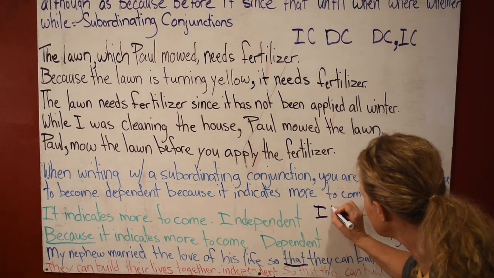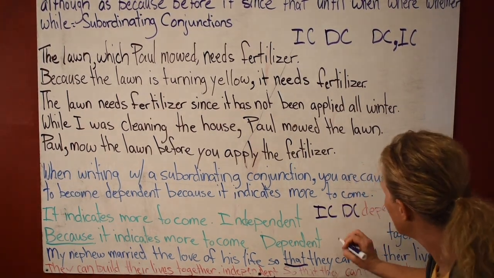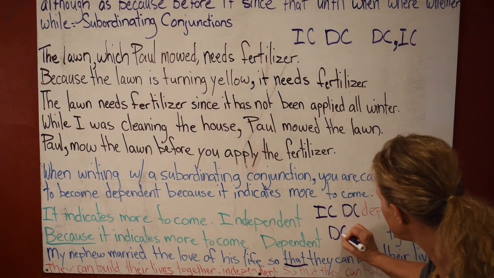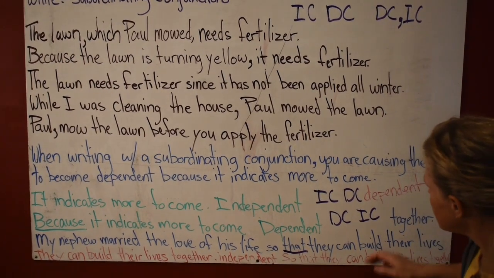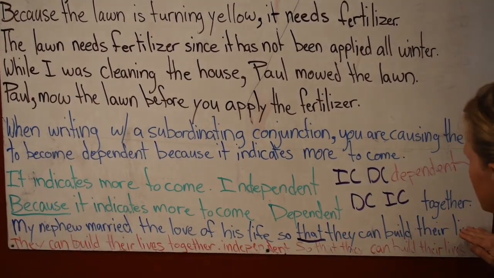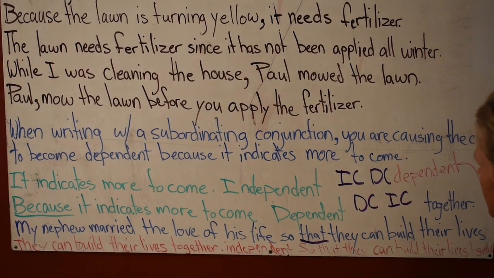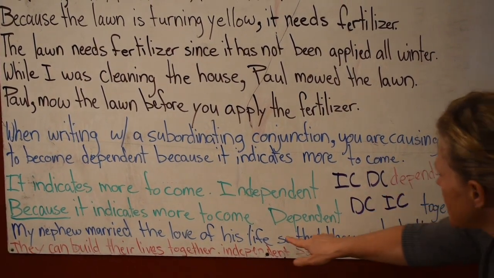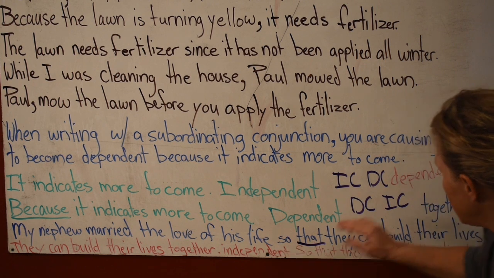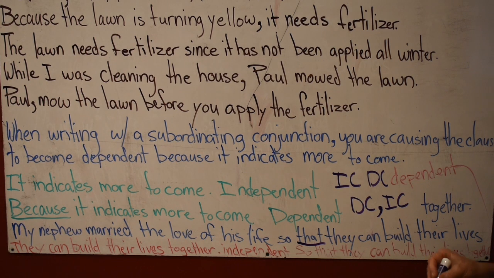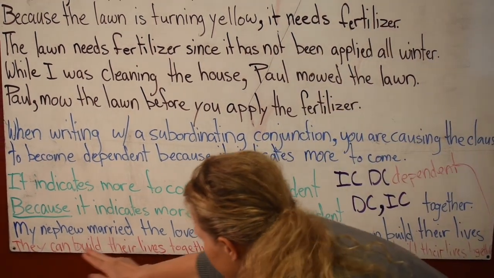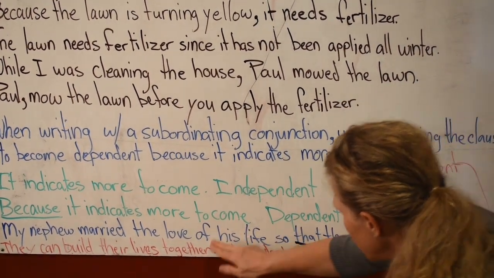This independent clause does not take a comma right here. But if you have a dependent going with independent right here, it takes a comma. Look at this. They can build their lives together. Independent.